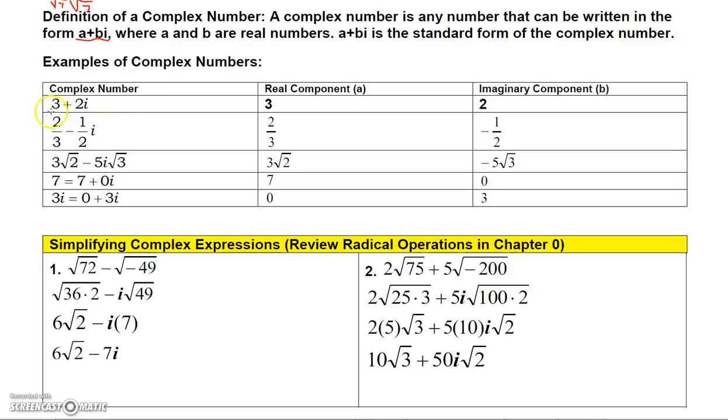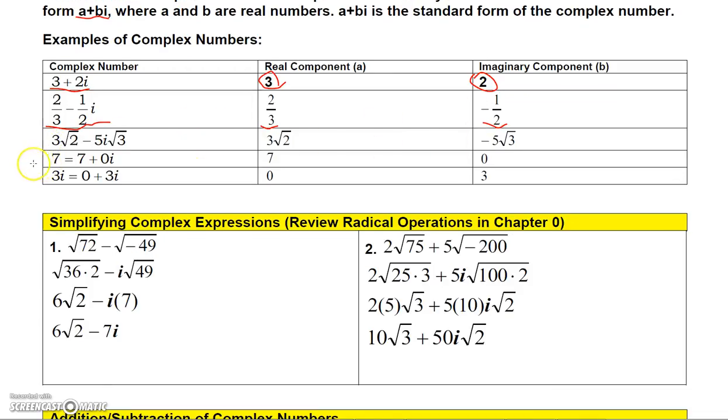So if you had the complex number 3 plus 2i, the real component, or the a, would be 3, and the imaginary component, well, it's actually the coefficient of the imaginary number, would be 2. If you had this one, 2/3 minus 1/2 i, the real portion is 2/3, and the imaginary portion or coefficient would be -1/2.